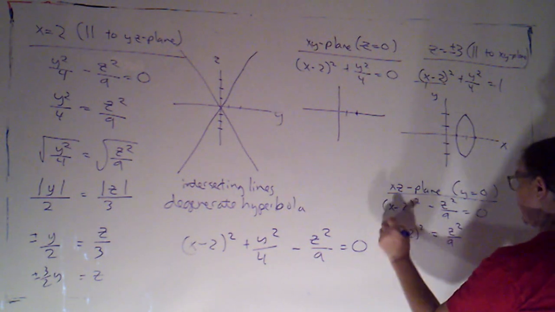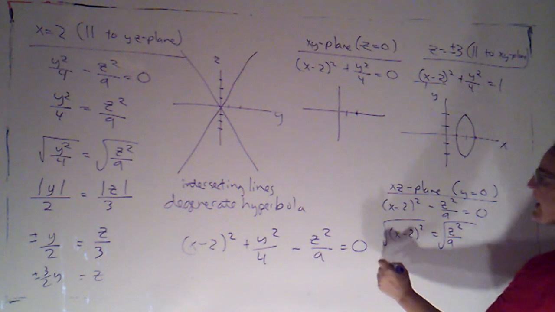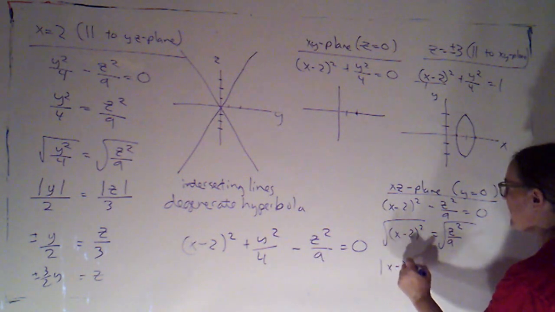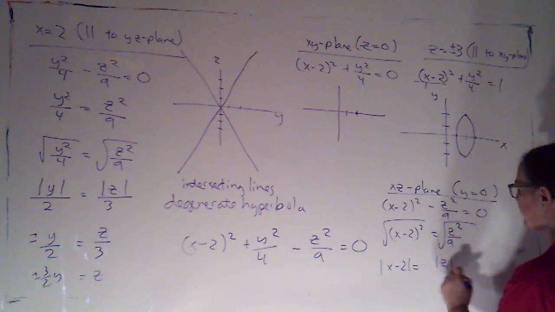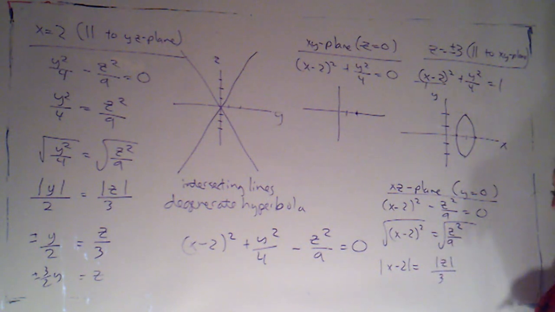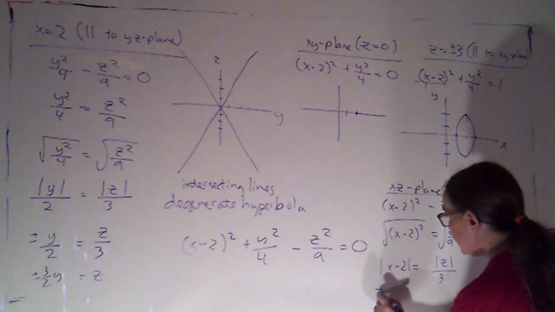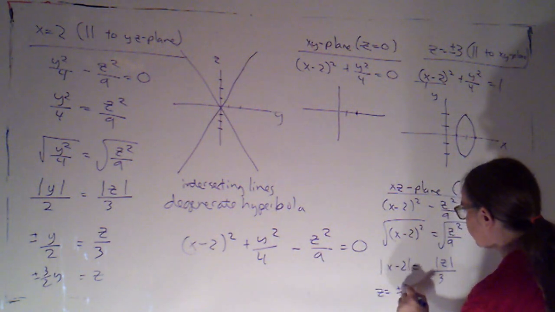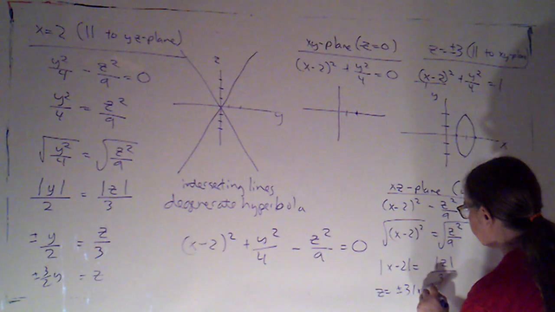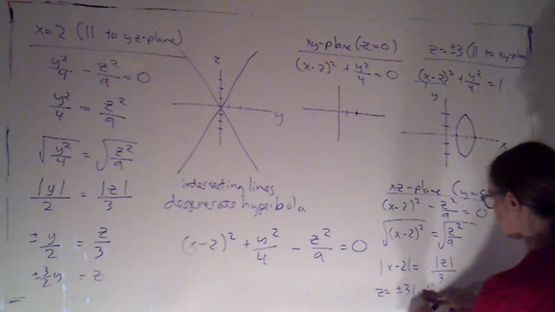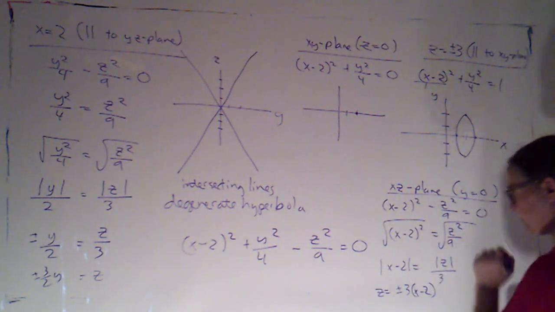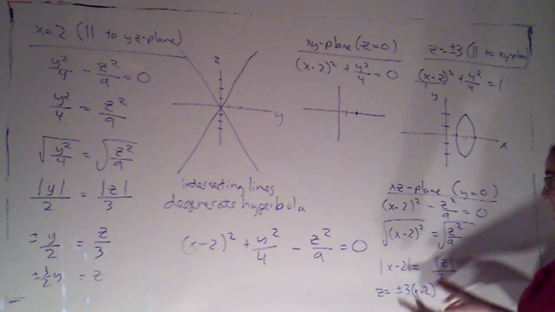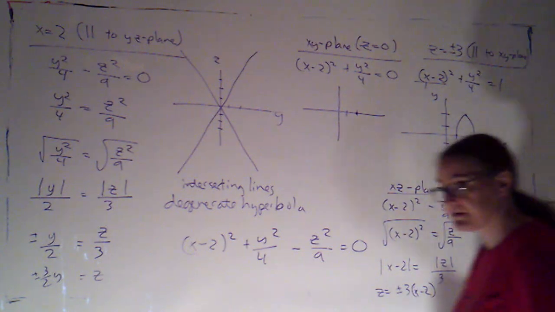I can take the square root of both sides, and I get the absolute value of x minus 2 is equal to the absolute value of z over 3. So z is going to be plus or minus 3 times x minus 2. The plus or minus deals with both absolute values.